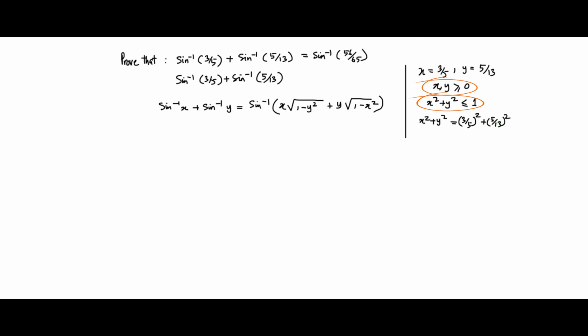If you find the sum of the squares of x and y, you will get a value less than 1. If you simplify this, you get less than 1, which means you can use this property: sine inverse of x plus sine inverse of y equals sine inverse of x times square root of 1 minus y square plus y times square root of 1 minus x square.